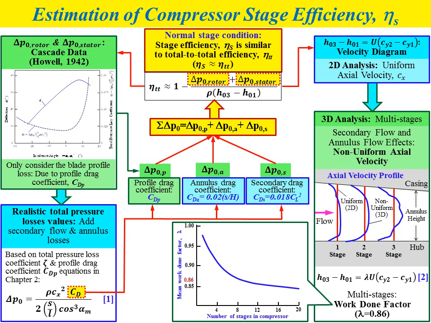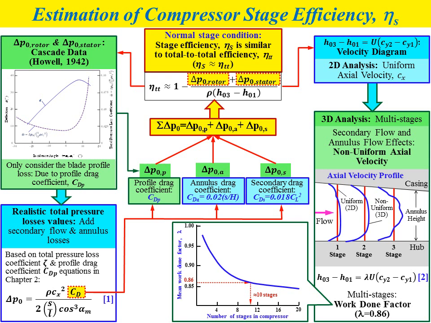If you refer to a work done factor equal to 0.86, we can determine that the value is suitable for a compressor with 10 stages. So from this graph, if you have the lambda value, we can determine the number of stages involved. Or if we want to determine lambda, we need to know the number of stages in the compressor.